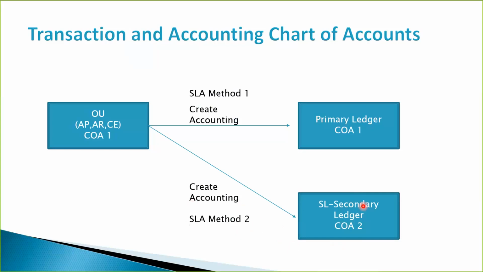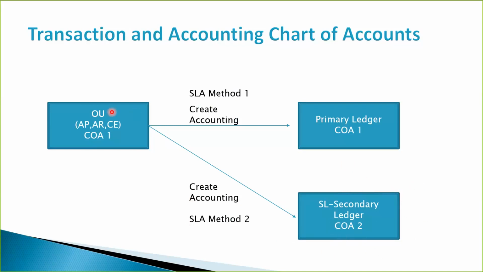So in that case, the transaction chart of accounts will be different from the accounting chart of accounts, all right? Because accounting in your secondary ledger is being represented in a different way as a consequence of having a different chart of accounts, all right?